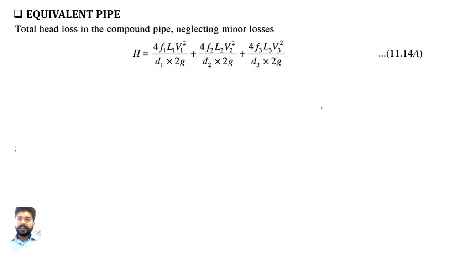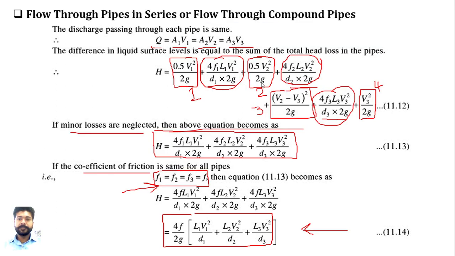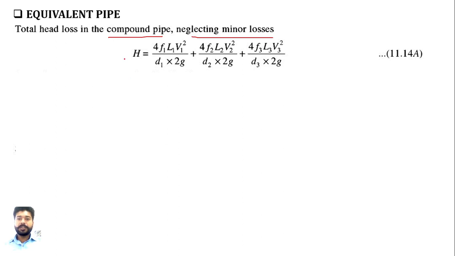So the total head loss in a compound pipe, meaning pipes in series, when neglecting the minor loss, as we already saw in this section, we can write somewhat like this. The above equation is total head loss equals 4 F1 L1 V1 square divided by D1 into 2g, that is for pipe number 1.